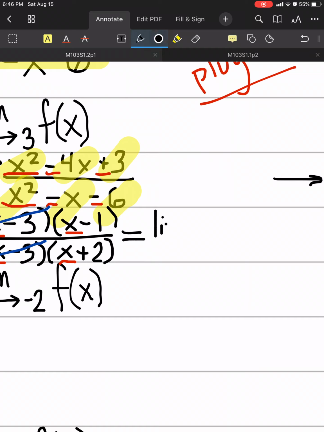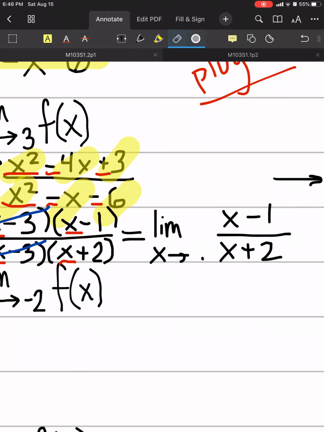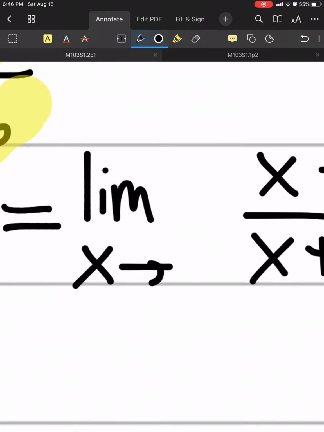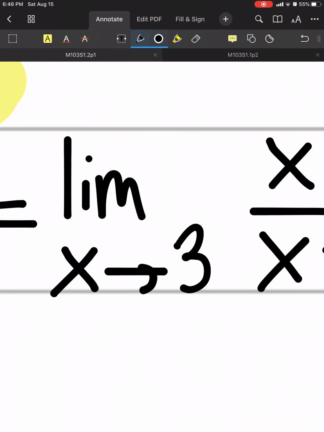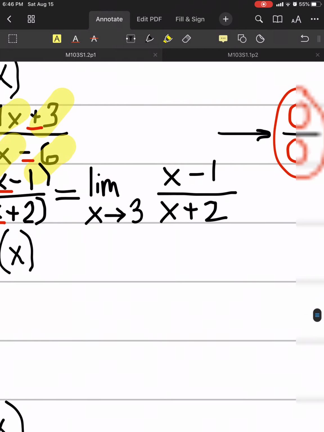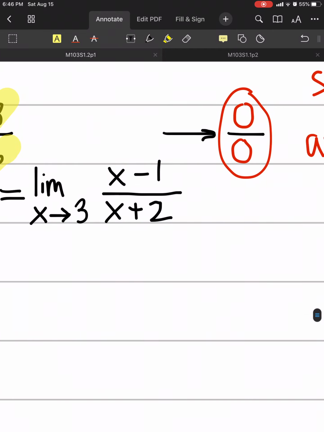the limit as x goes to 3 of just x minus 1 over x plus 2. So we factored, and now we can actually plug in.